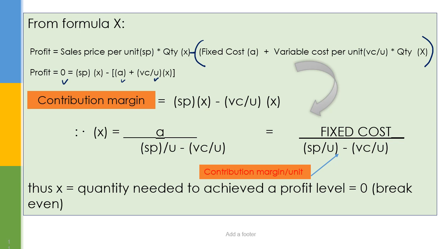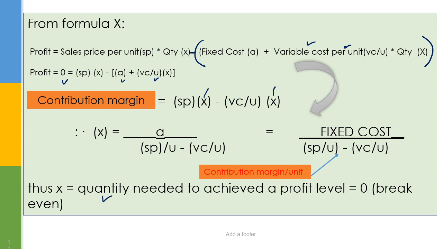Okay, variable cost is going to be variable cost per unit. So contribution margin is derived from the sales price per unit minus the variable cost per unit. And from this formula, you get X. We want to know the value of this X. What is X?